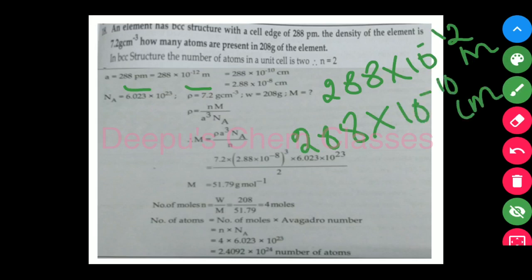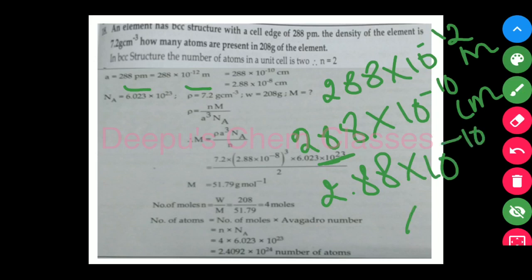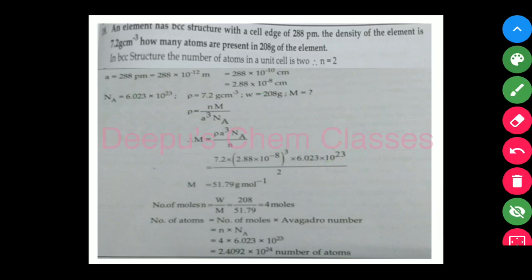Place it for one value, so 2.88 into 10 to the power minus 10 into 10 to the power 2 comes. If you simplify these two values, you can get 10 to the power minus 8 centimeter. Do you understand?